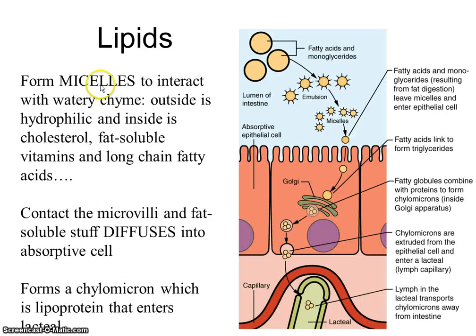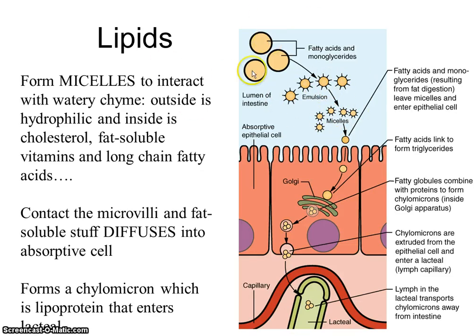Lipids come in, they form micelles. So here's our absorptive cells, here's micelles. They interact with that watery chyme. A micelle is a structure that has an outside that's hydrophilic, likes water, and an inside that is hydrophobic. So inside we'd see fat-soluble vitamins and long-chain fatty acids. So here's the micelles formed from the emulsification process.